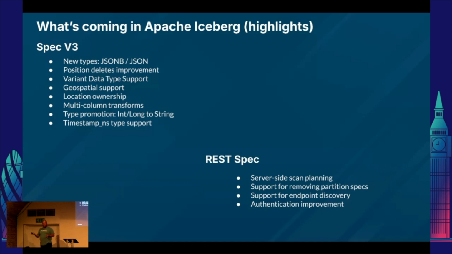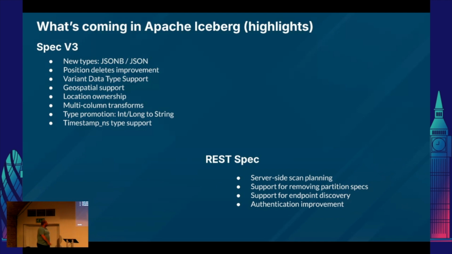So equality delete allows you to bypass all rows looking like this, instead of position delete, which targets one specific row. We use position delete at Dremio in our query engine, and we are working with the community to improve these position delete files, to optimize performance and so on.